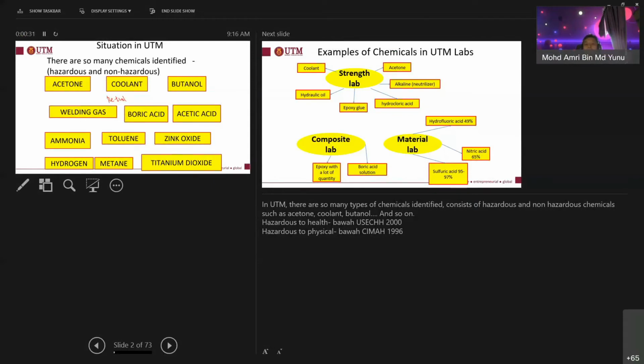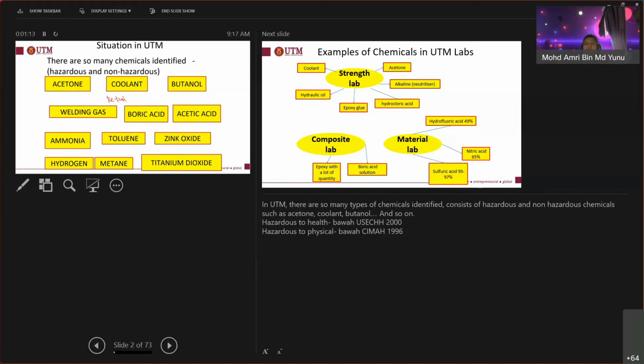But the key point is that it depends on the exposure time. So when we talk about chemicals, there is a permissible exposure limit (PEL). The discussion of chemicals here is technically very broad, especially in terms of how to handle and manage them.